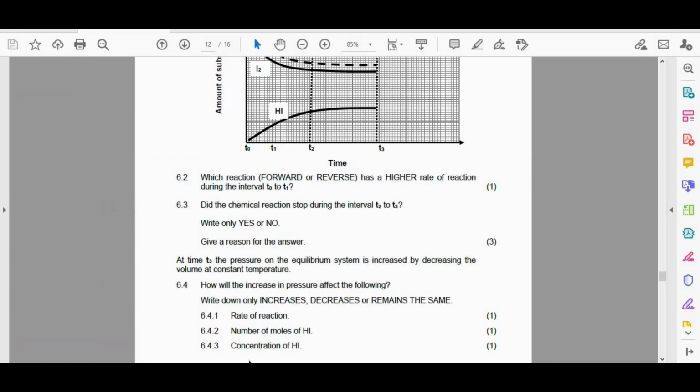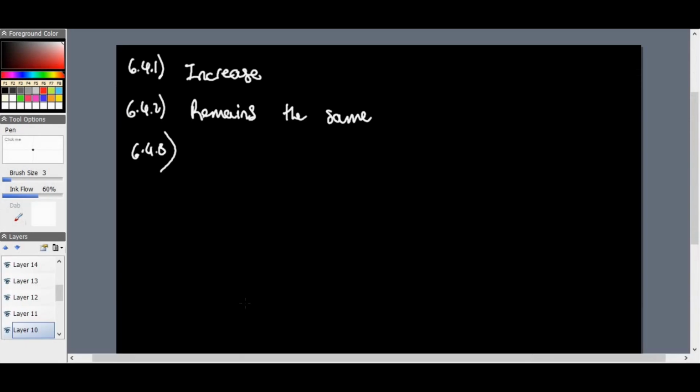6.4.3, I believe, was the concentration of hydrogen iodide. How will the increase in pressure affect the concentration of hydrogen iodide? Anybody? Watching the chat box very closely to see any answers.